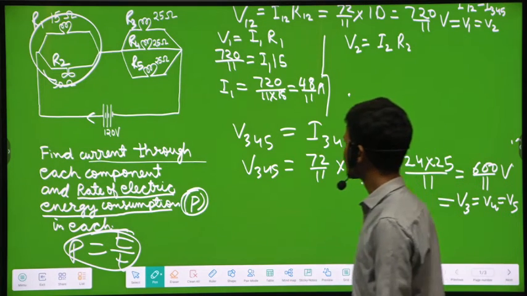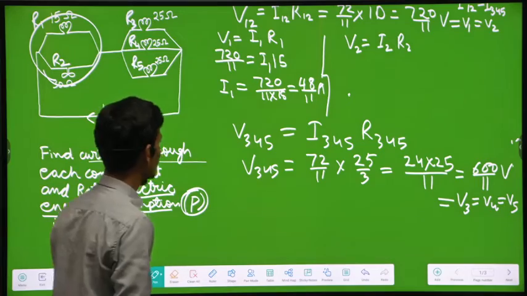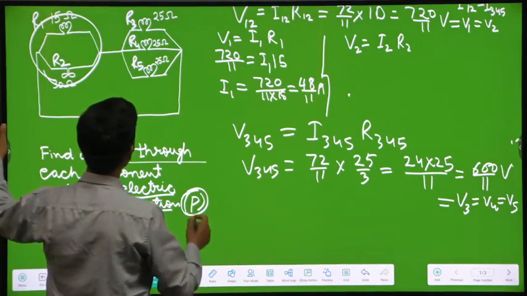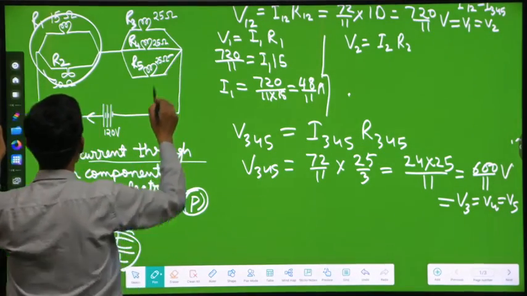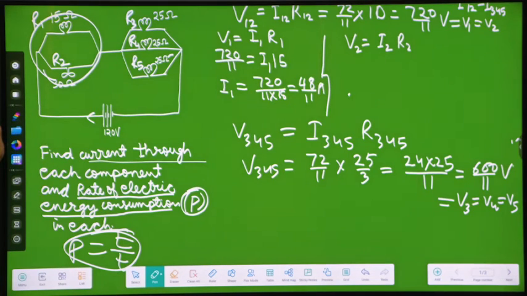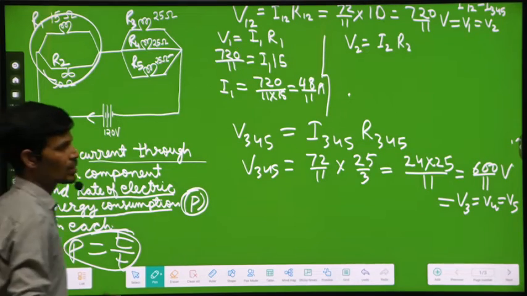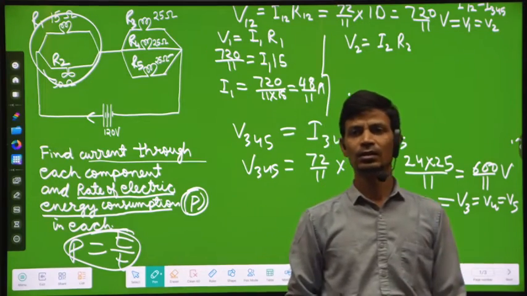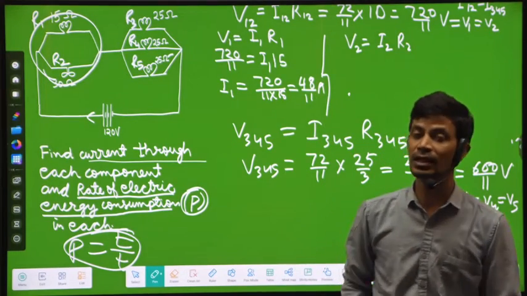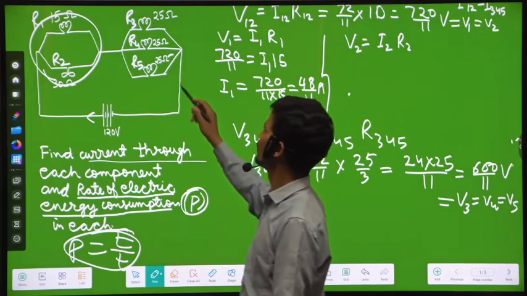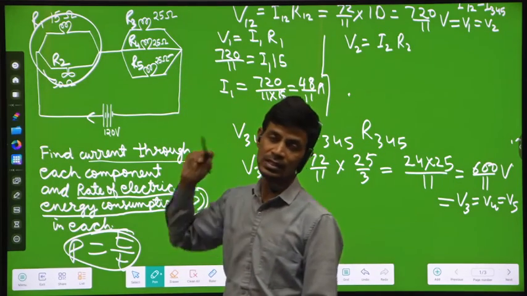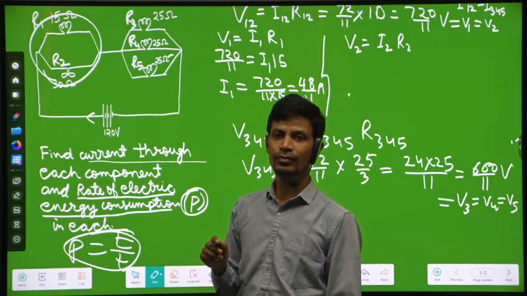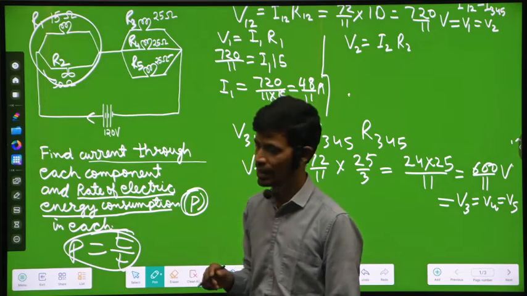And you can see V equal to IR. All the lamps have the same resistance. It means current will be divided equally. Sometimes we say that in parallel combination current is different, but it is a conditional statement. If resistances are the same, then current flowing through them will also be the same.